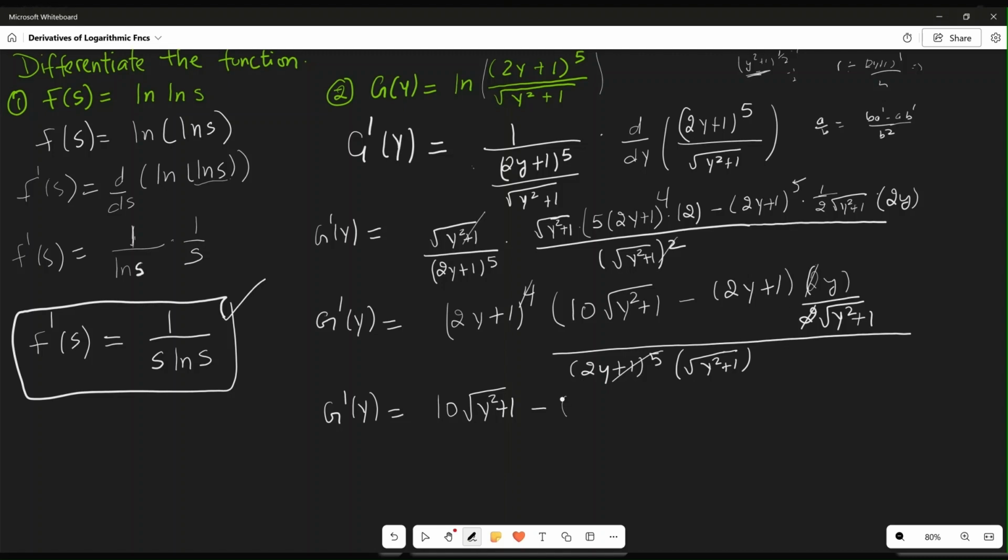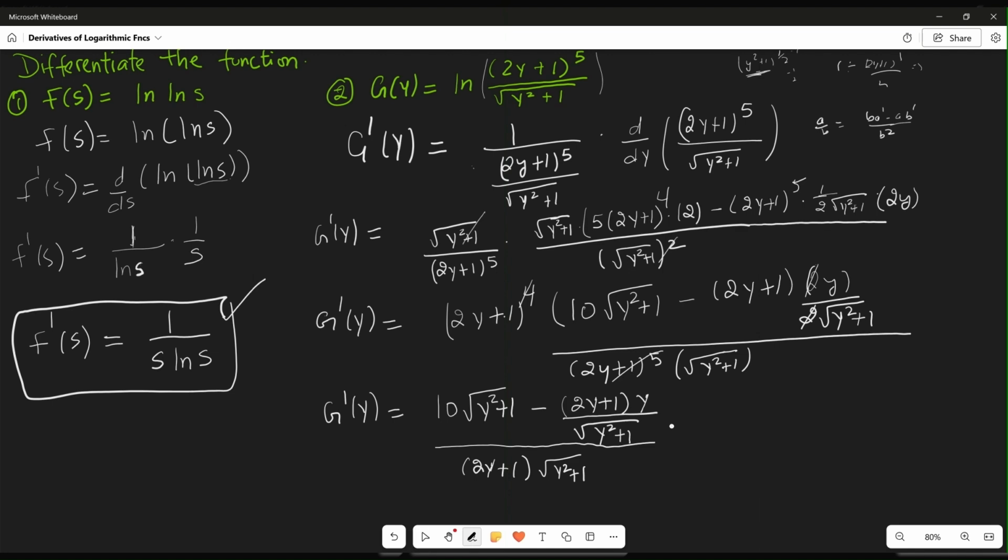So this is 2y plus 1 times y divided by y square plus 1, and this whole expression is divided by 2y plus 1. Since this one cancels out, only power 1 is left here. And then we have square root of y square plus 1.